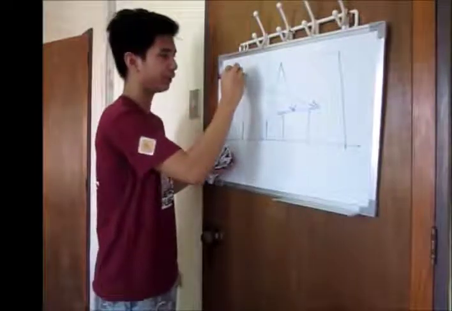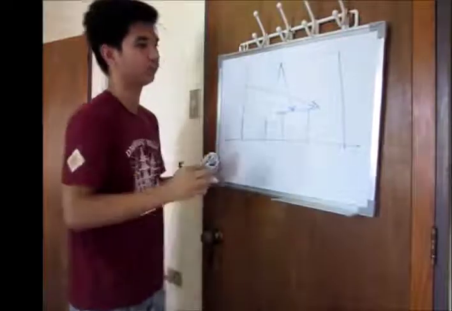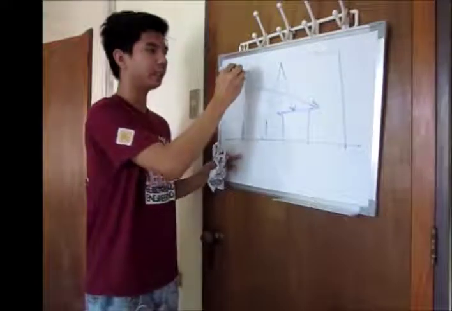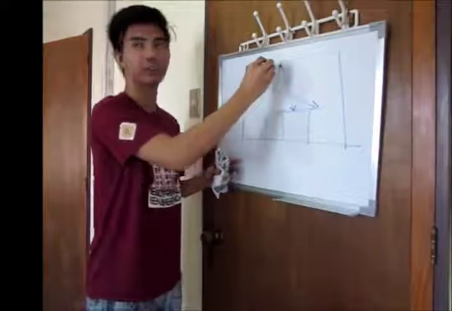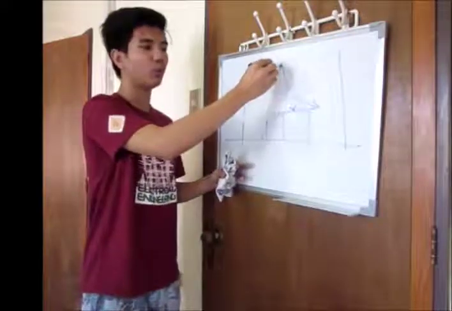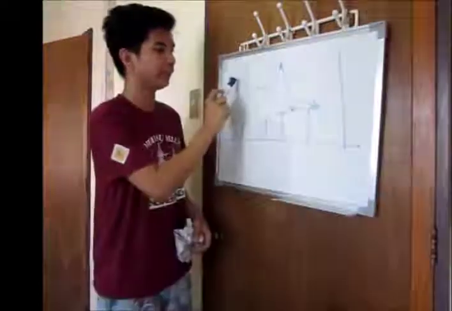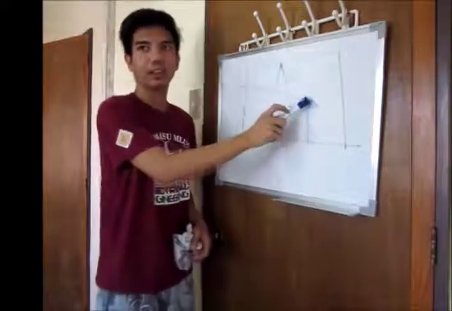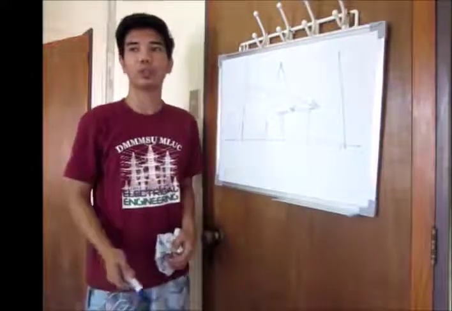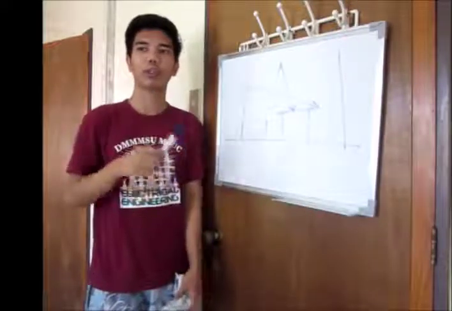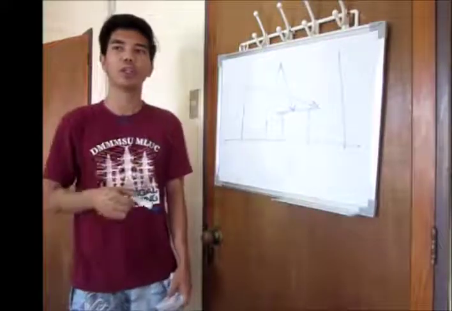For example, this is the window. This is what you call the internally reflected component, or the IRC, while this is the externally reflected component, or the light received directly from the reflection from the buildings and obstructions outside the room.